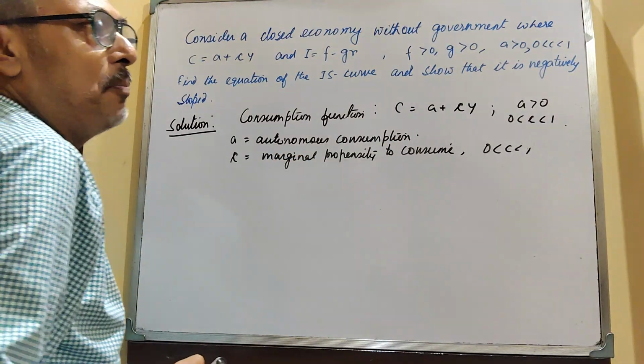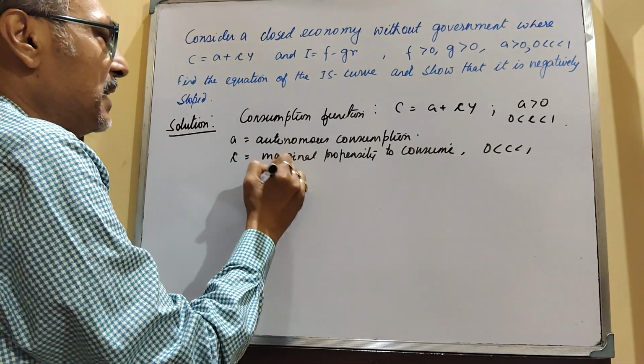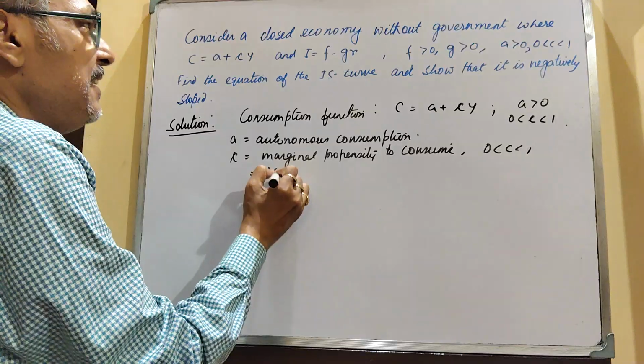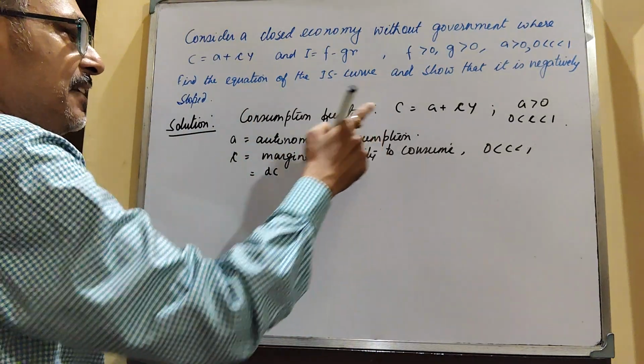What is marginal propensity to consume? It is basically dC by dY, where capital C is consumption.